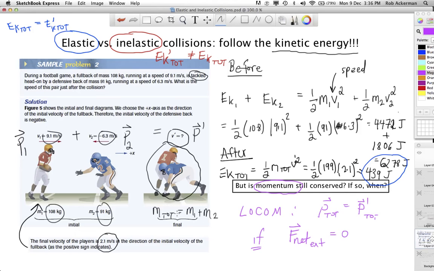Now, on a football field, is the net external force 0? Let's think for a moment. The normal force is pushing up from the field, and gravity, of course, is pushing down. Now, at this point, you may argue, well, one guy is pushing this way. You could also argue that another guy is pushing that way.